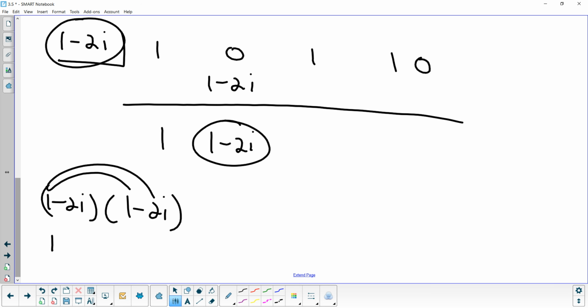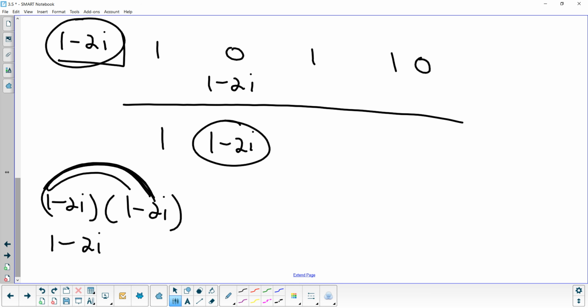So we have, first of all, positive times negative. What's positive times negative? Negative. And now it's just 1 times 2i. 2i.